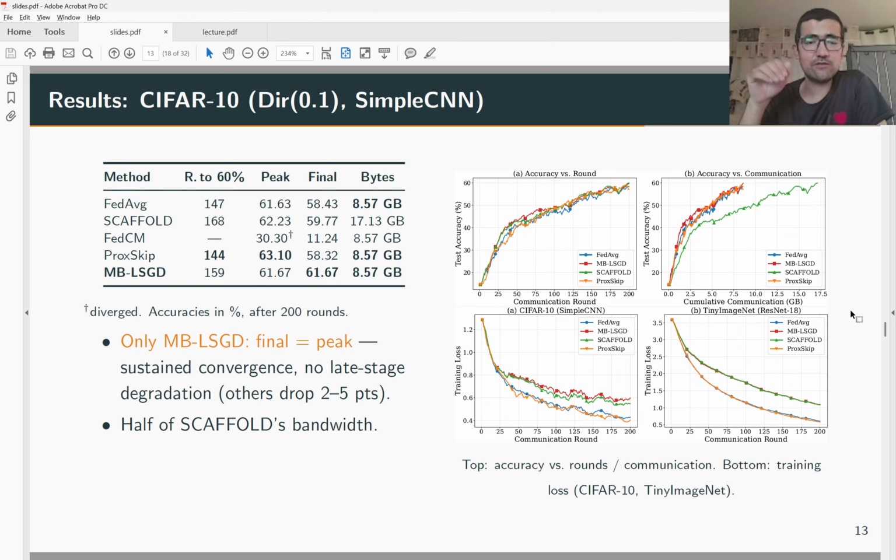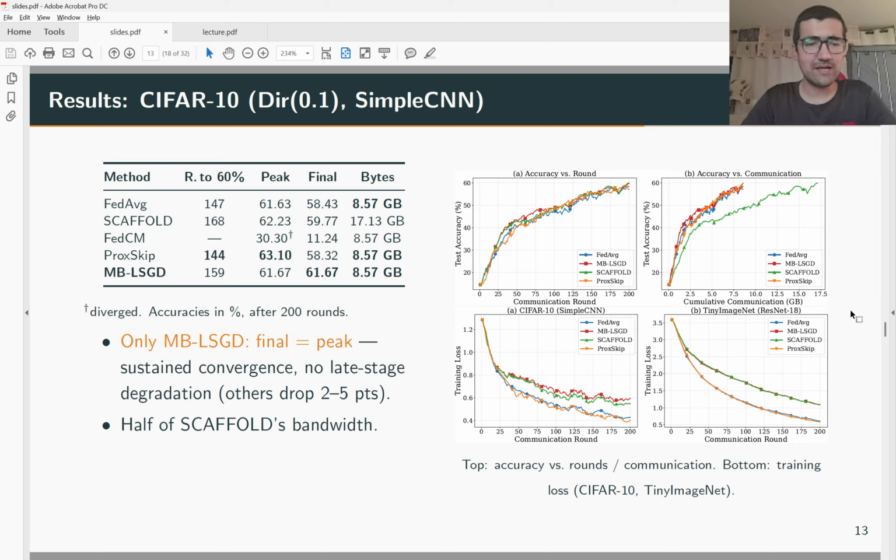But look at the peak versus final columns, because that's the interesting story. Every other stable method peaks and then degrades. ProgSkip peaks at 63.1 and ends at 58.3. FedAvg drops about 3 points, SCAFFOLD about 2.5.